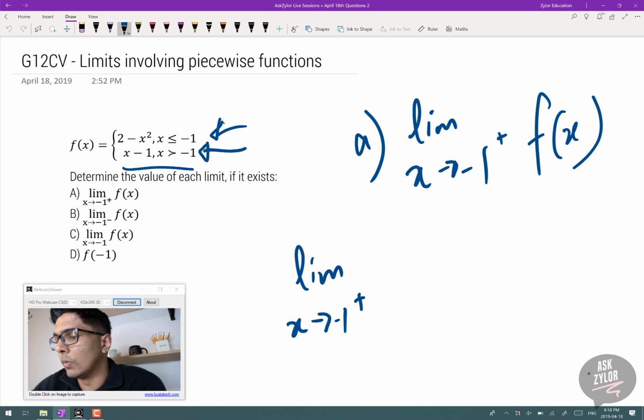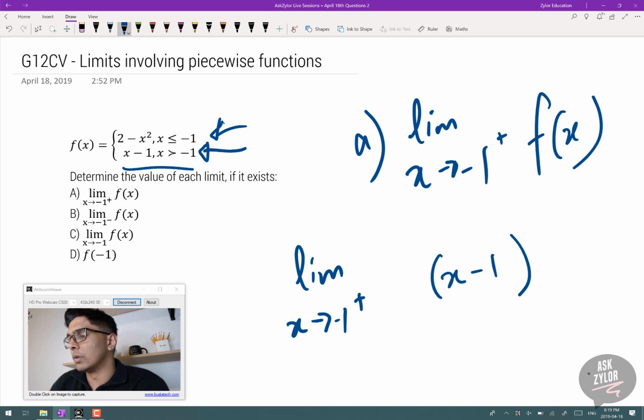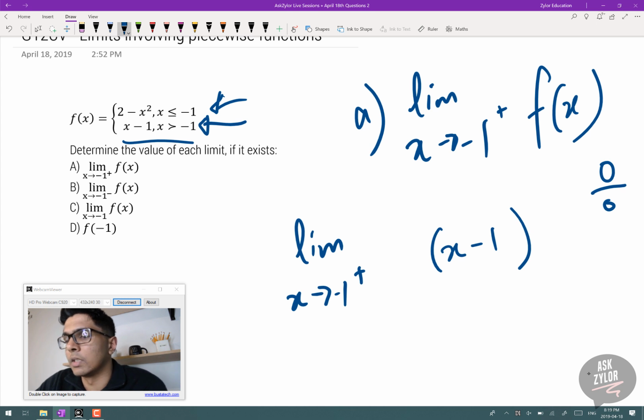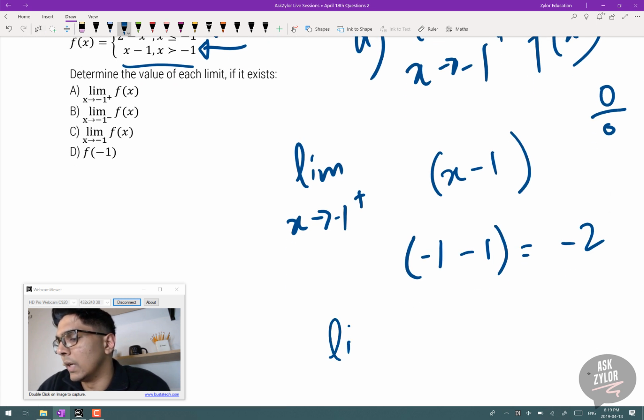So again, I'm just looking at my second function, which is x minus 1. For this, I can simply plug in my -1 because there's no restriction. It's not going to give me an indeterminate form, which is 0 over 0. So I can simply plug it into my function. So if I plug in -1 minus 1, I end up with -2. So my limit as x approaches -1 from the right is going to be -2.